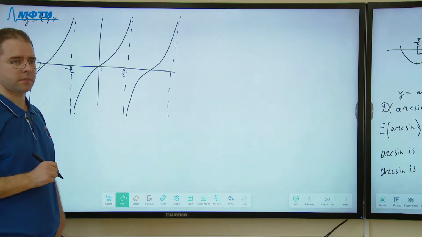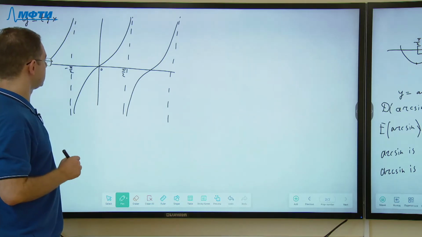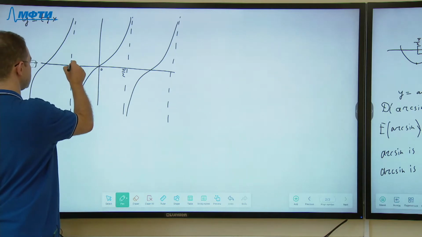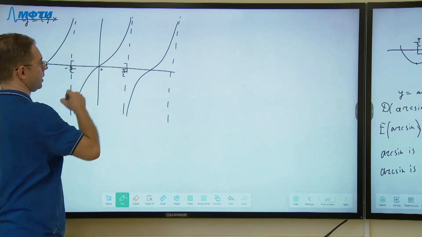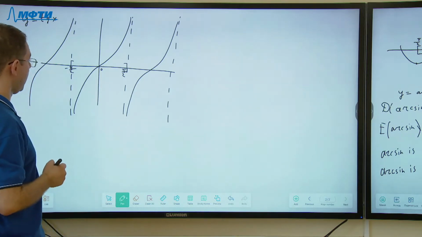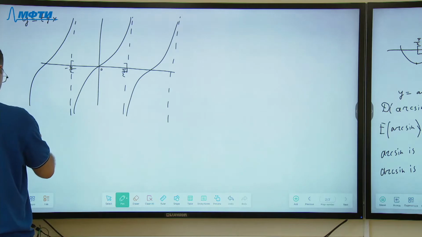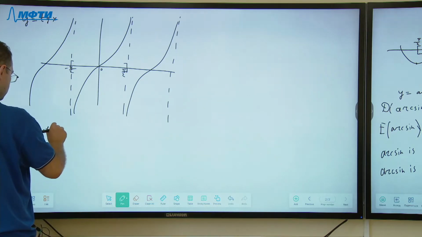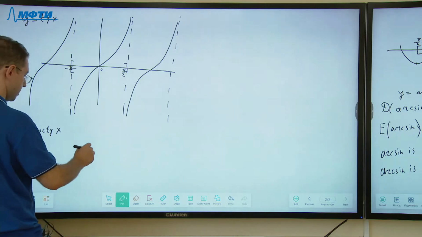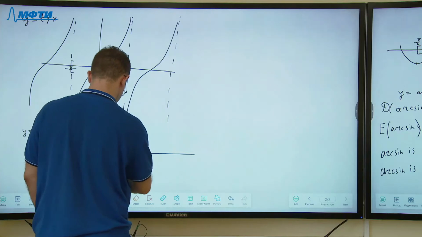Once again, we choose one of the intervals, this one, where the function is monotonic. This is a monotonically increasing function. And on this interval, we have a function y equals arc tangent x. The graph of this function looks like this.